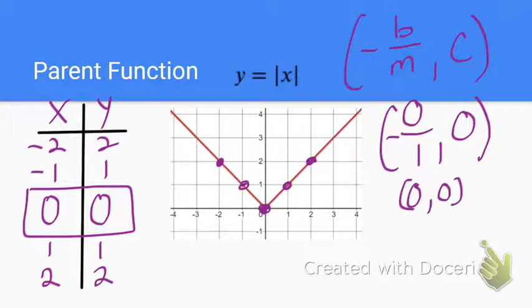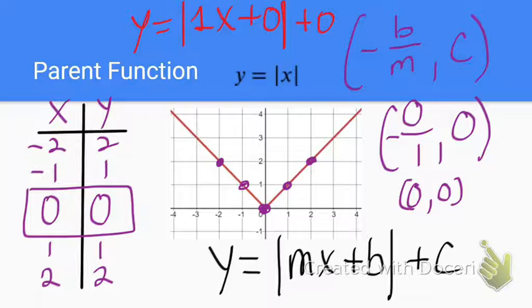So you should add a table here. You should be graphing it for your notes and parent function. Add a table, please. Okay. Show the work for the vertex. Any other questions?